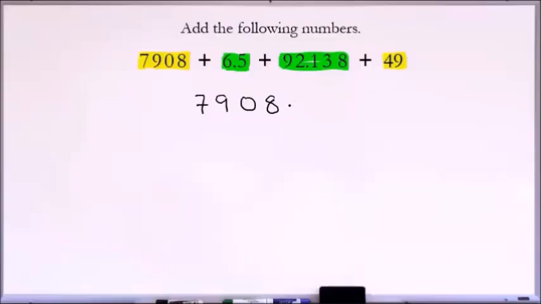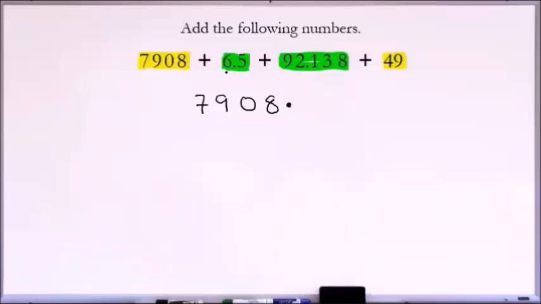So therefore we will add it, because we need to arrange these numbers and align them based on the decimal points. So we need to add a decimal point now, because we need to align all the numbers.